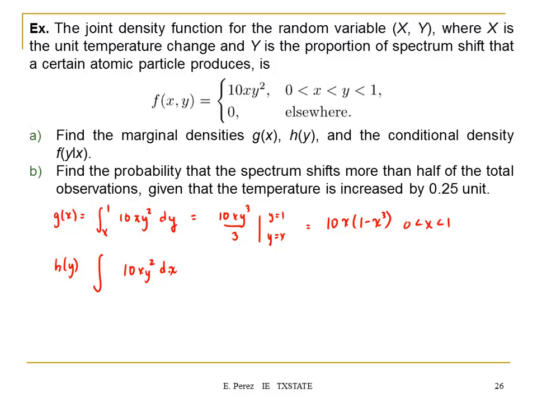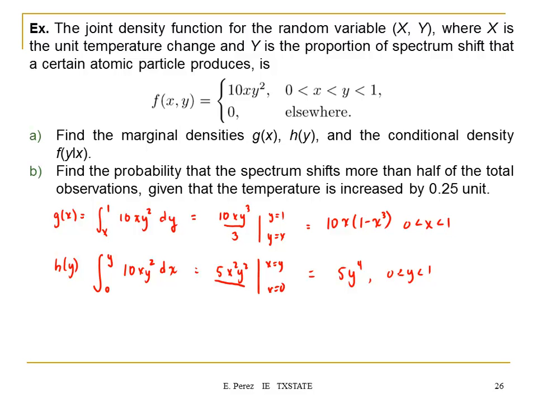So you'll go from 0 to 1. And if you solve this, this is 5x squared y squared divided by 2, for x equals y, x equals 0. So this is 5y to the fourth over 4 for y between 0 and 1.